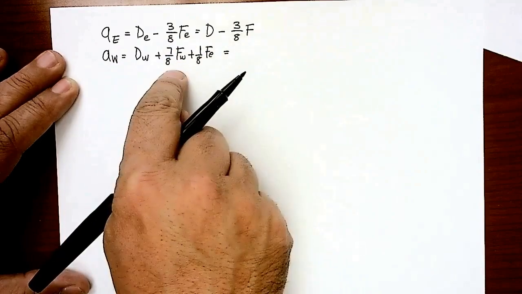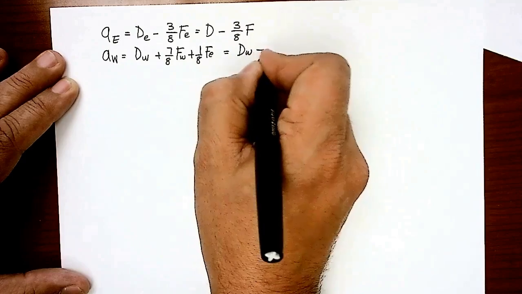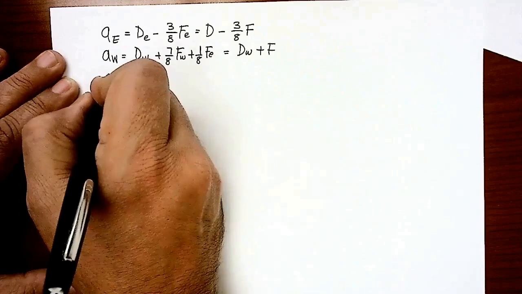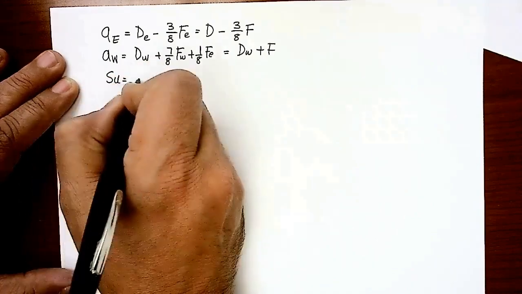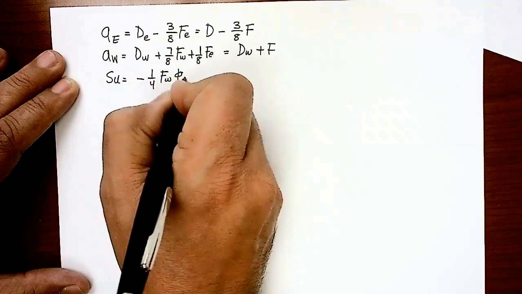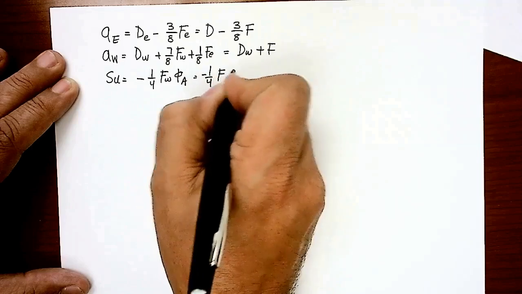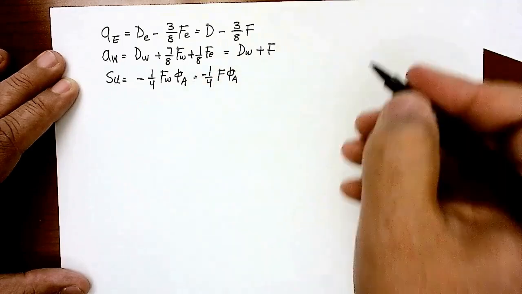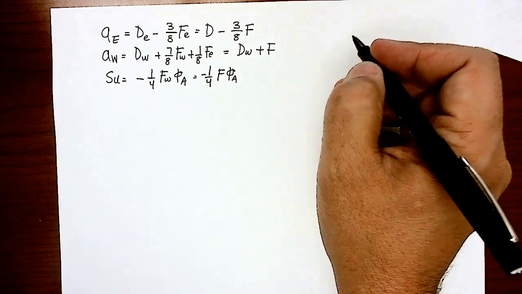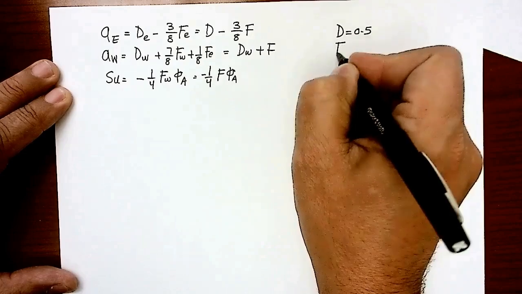Now f east and f west are the same. This will give me d west plus f, which is going to be 8 over 8. Then I have su equal to minus 1 over 4 f west phi A, which is going to be minus 1 over 4 f times phi A. Remember, we got before the value of d and f, right? D is 0.5. Keep that in mind. And f is 0.2.